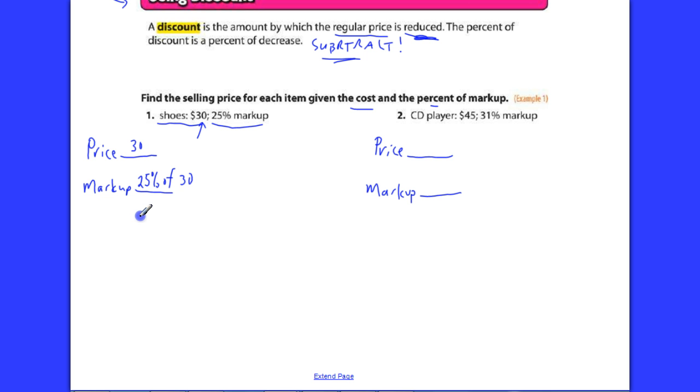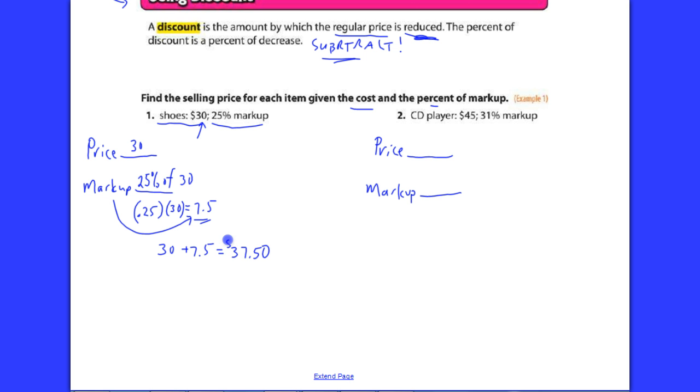We learned how to calculate that in class by going 0.25 times 30, and that is equal to 7.5. So that's the markup. The markup is $7.50. They're going to add the markup to the price. So the price was 30 plus 7.50, and that comes out to be $37.50.